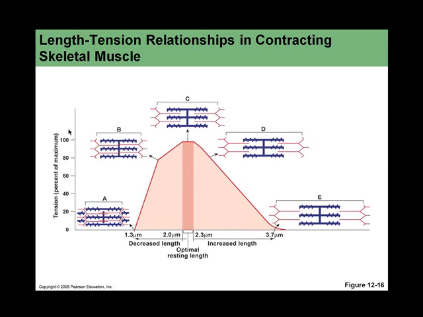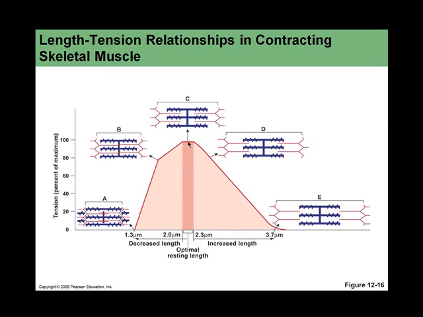So the maximum tension that you can get is at the optimal resting length, where you've got a certain amount of prior existing overlap of the thick and the thin filaments, where if you've got the ATP and you've got the calcium, then you can get a contraction. If you stretch beyond that, from 2.3 micrometers out to 3.7 micrometers, there is roughly a linear decrease in the percent of maximum tension that you can generate.